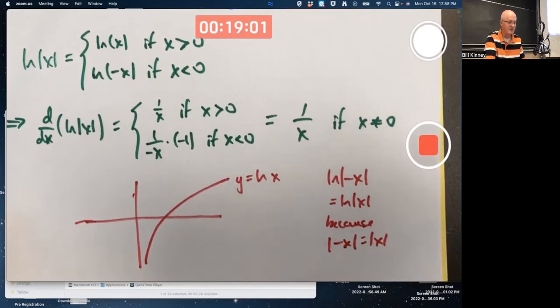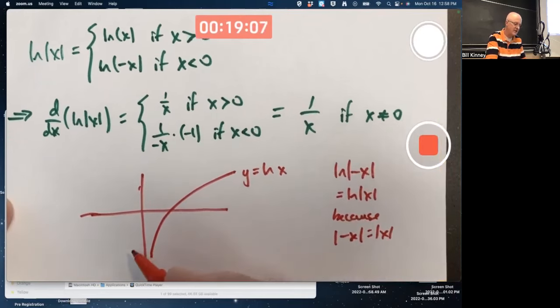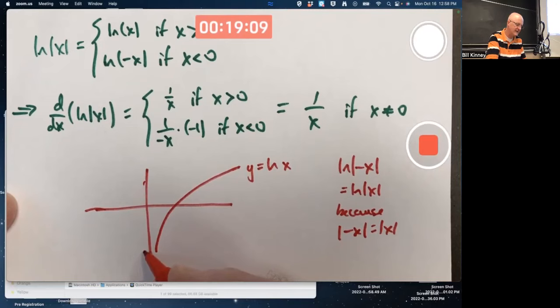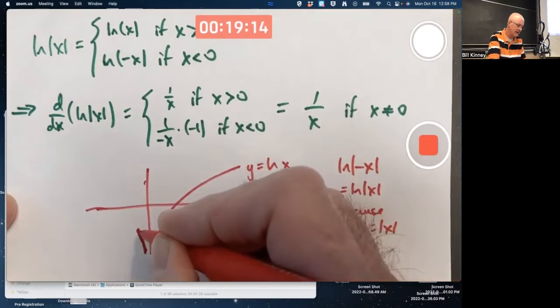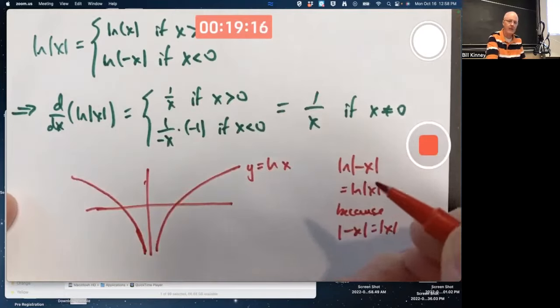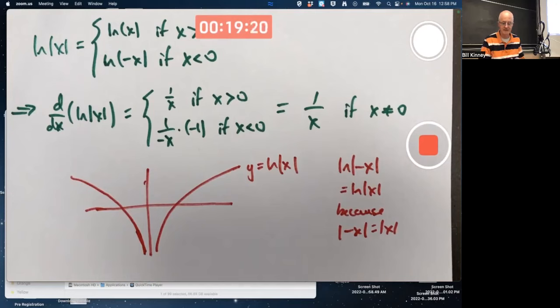Try different numbers. Like if x is 5 or negative 5, this works. You get 5 on both sides. So this is an even function. So the graph to the left of the vertical axis is the reflection across the vertical axis, about like this. So this entire graph together is the graph of natural log of the absolute value of x.